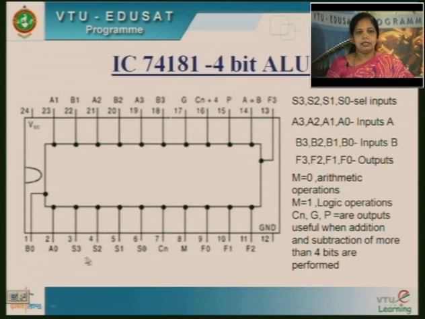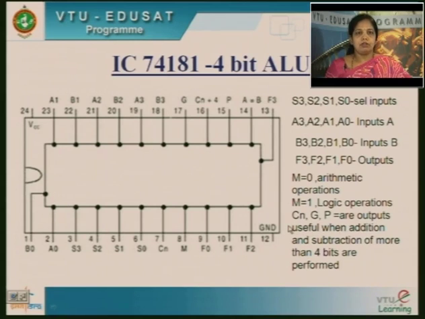So you can see here the selection inputs S3, S2, S1, S0, the outputs F0 to F3, the inputs A0 to A3 and B0 to B3, and M acts as a mode control to select between arithmetic and logical operation.